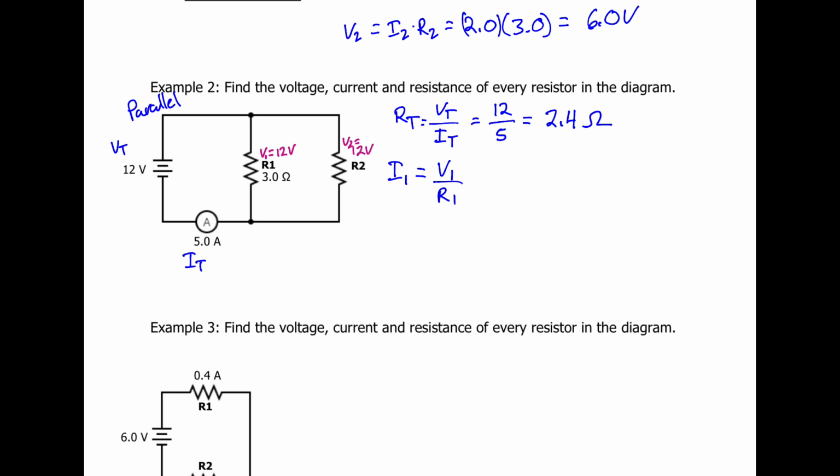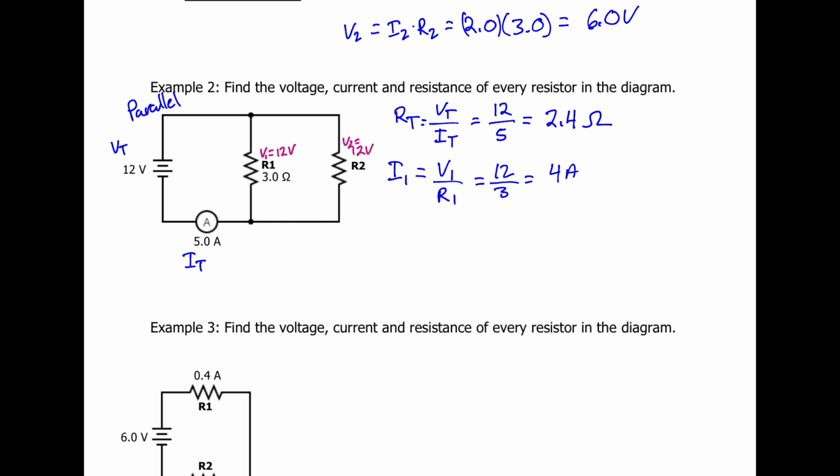Anytime we have 2 out of 3 of Ohm's law, we should solve for the third one because it'll make other things better. Voltage 1 is still 12, and the resistance at 1 is 3. Good. I didn't need my calculator for this one. We get 4 amps. So we get 4 amps at 1.